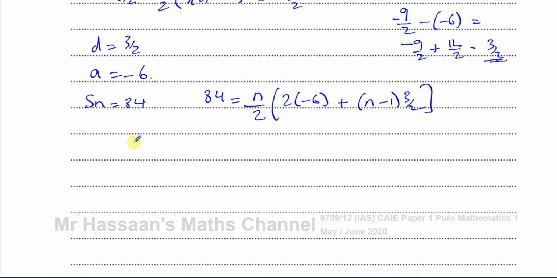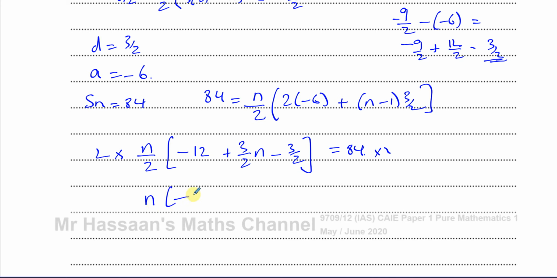So I'm going to have here, let me just write the n on this side. So n over 2, that's going to be minus 12, and you're going to have plus, and I'm going to expand that, 3 over 2 n minus 3 over 2, equals 84. Let me multiply both sides by 2 first to get rid of this fraction. So we have n times minus 12 plus 3 over 2 n minus 3 over 2.